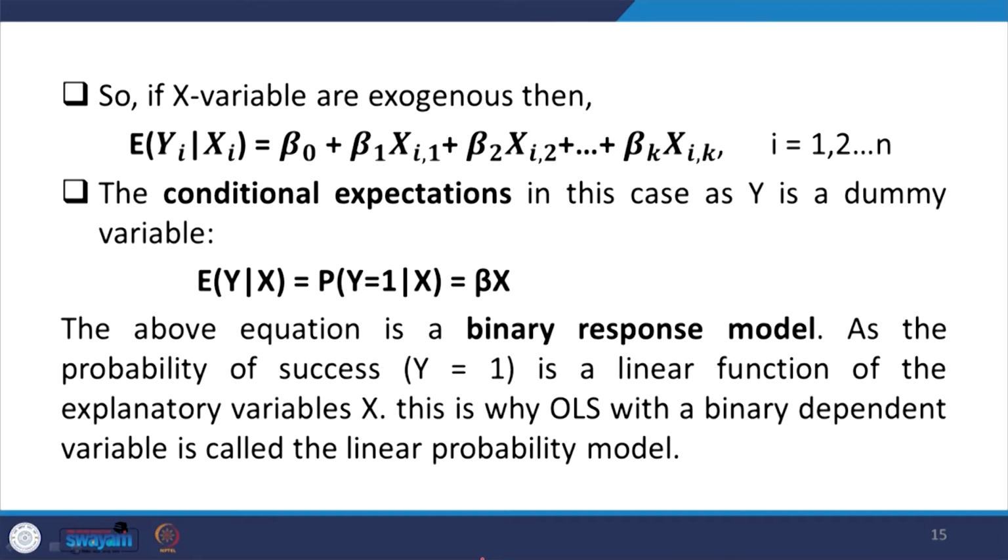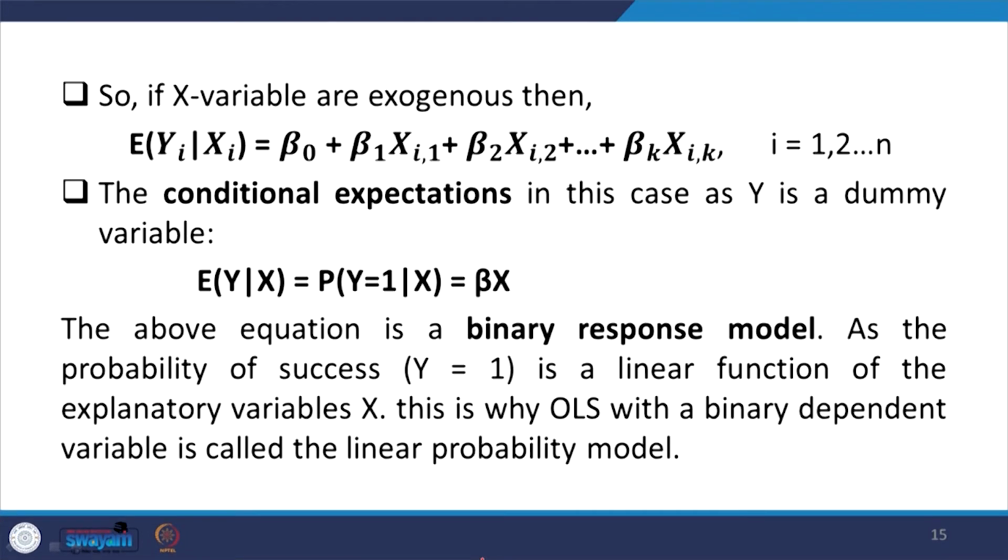Now, if the x variables are exogenous, then we need to find the conditional impact of x on y. The expected value of yi given xi: yi only takes the values 0 and 1 here, instead of being a continuous variable.